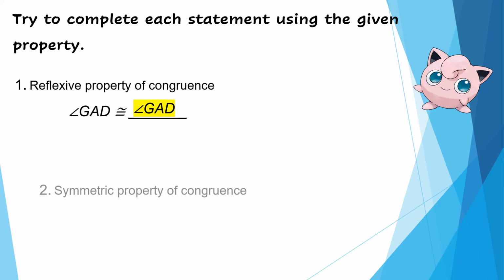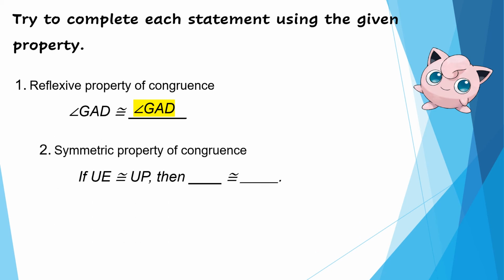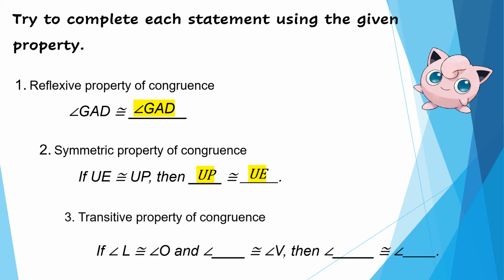How about for number 2? Very good! That is segment UP is congruent to segment UE. And to last, we have angle O is congruent to angle B. Then, angle L is congruent to angle B. Did you get it, class? I hope so. Now, let's proceed to the next.